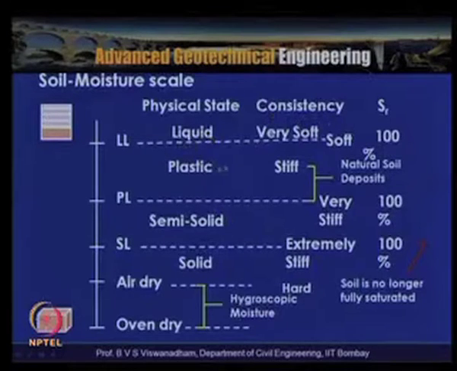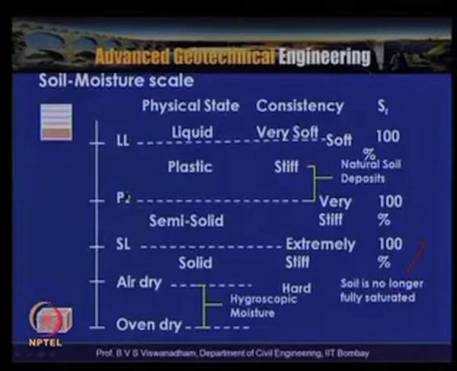At this point the transition between the liquid state and plastic state is called the liquid limit, and above this the soil is like a liquid, called very soft. Plastic is between the liquid limit and the plastic limit.